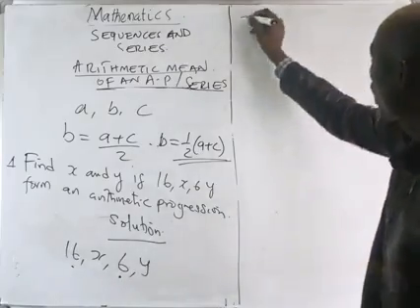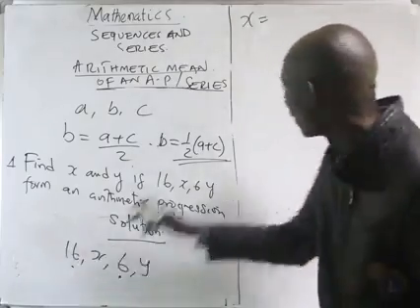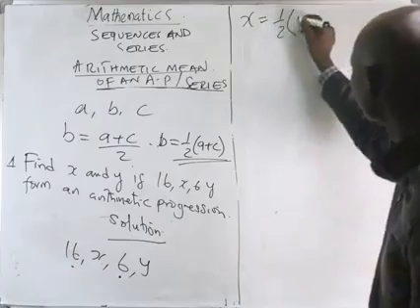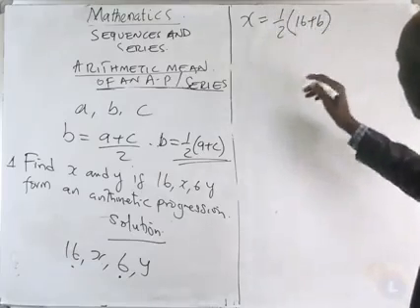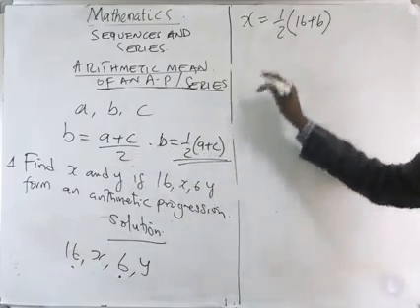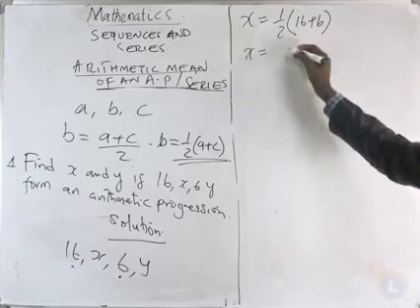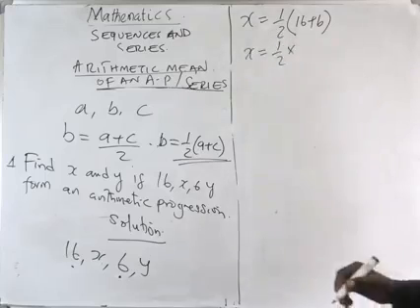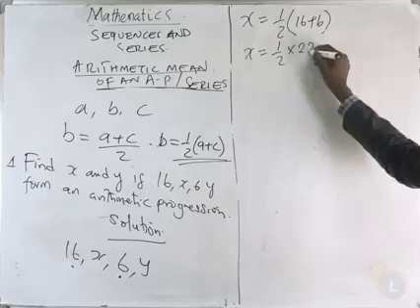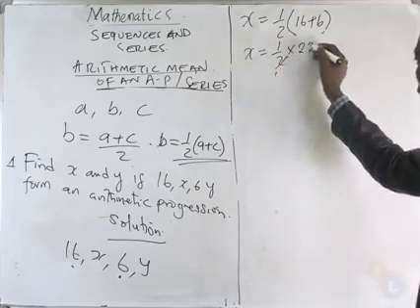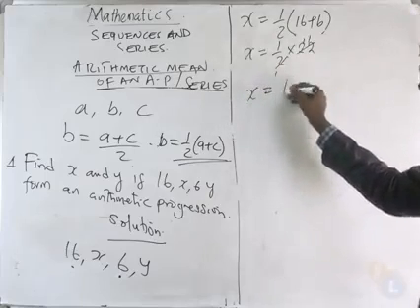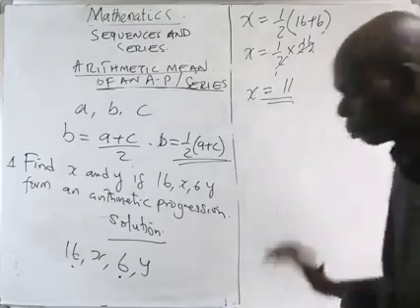So x will be the addition of 16 plus 6, then you divide by 2, according to the formula that we have come up with. So x will be half of 16 plus 6, that is 22 over 2, which is 11. Therefore, the value of x is 11. As simple as that.